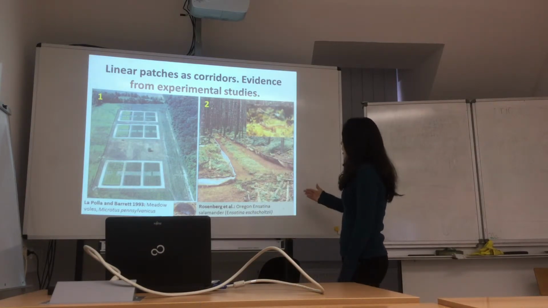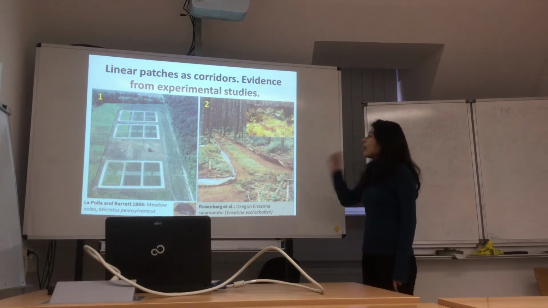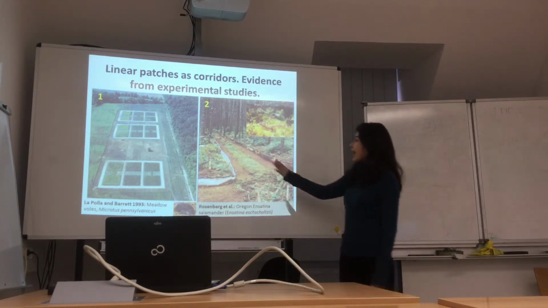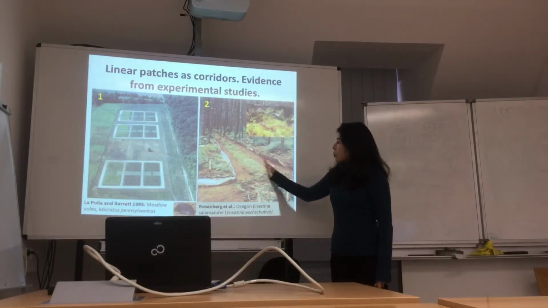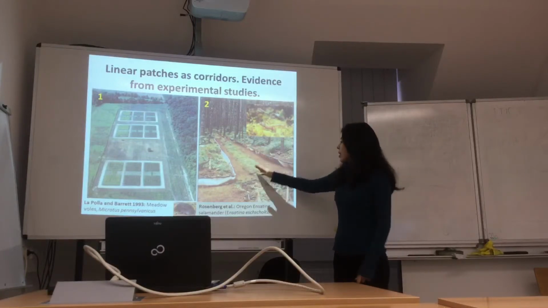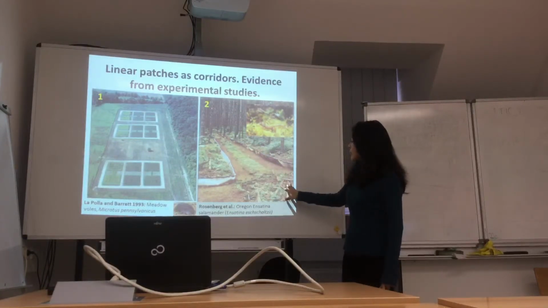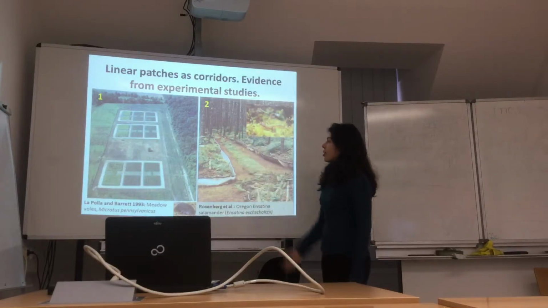Another experiment, with salamanders, was to see if they indeed choose a corridor among different pathways that they have as options. For example, here they removed vegetation from some pathways and left some vegetation, a corridor, in the middle. And this is the patch where the salamanders were. They were expecting salamanders to go to the next patch.